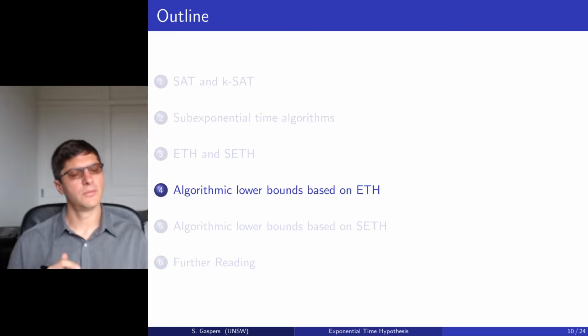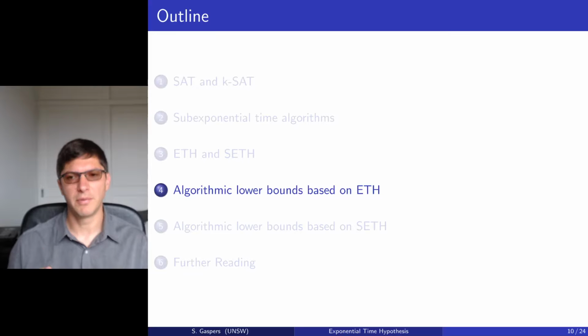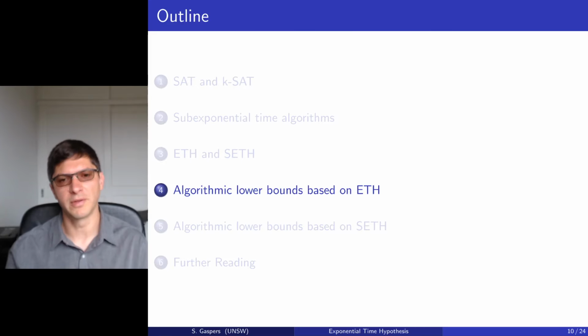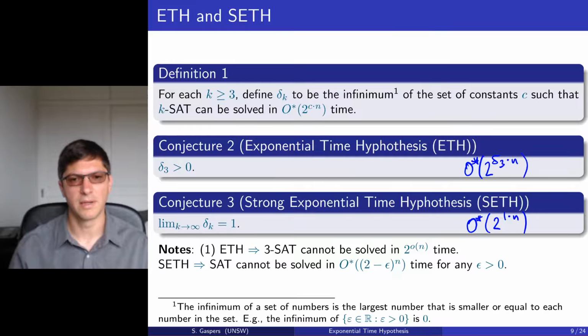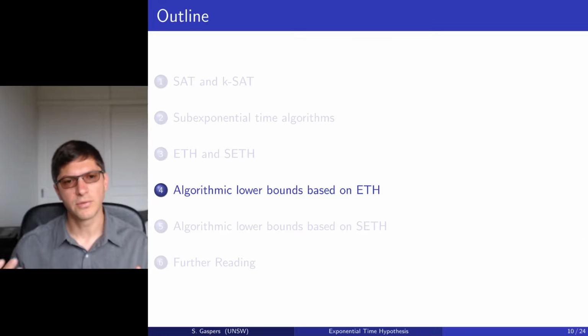Okay, so now we want to use these hypotheses and use reductions to basically establish lower bounds for other problems as well. So these are now the lower bounds for 3SAT and for SAT, and we will investigate what other lower bounds they imply, and for this we need reductions.